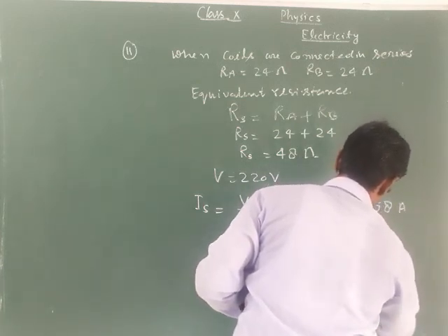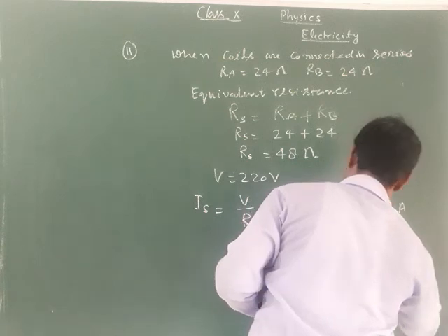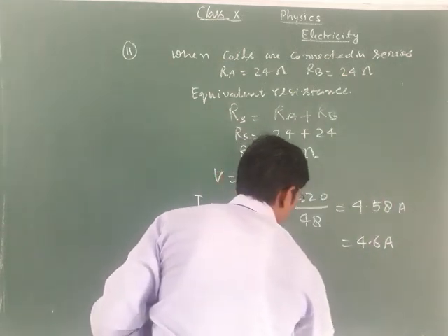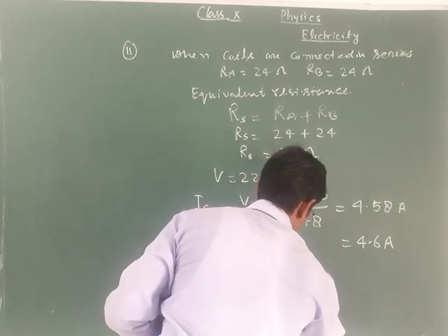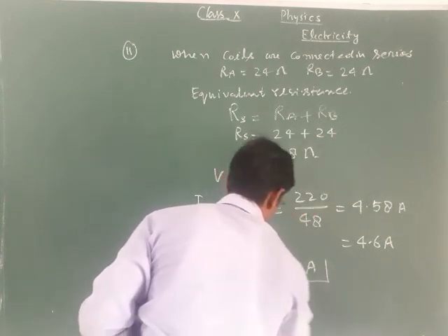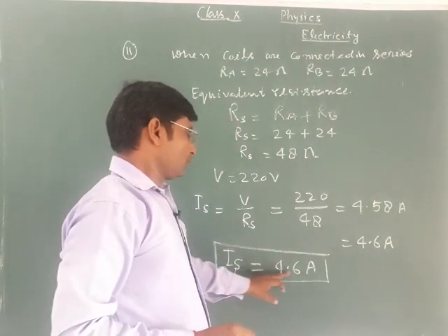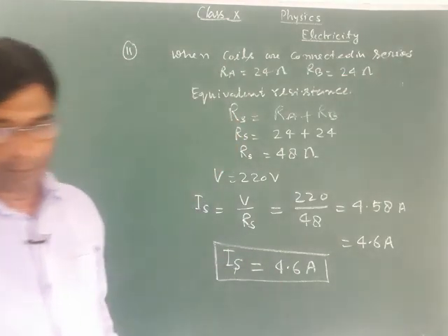So this is 4.6 ampere. So Is is equal to 4.6 ampere. The current flowing in series is 4.6 ampere.